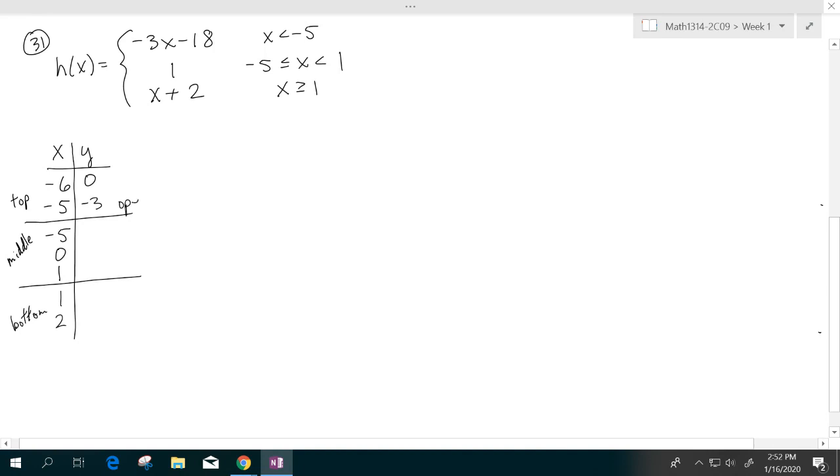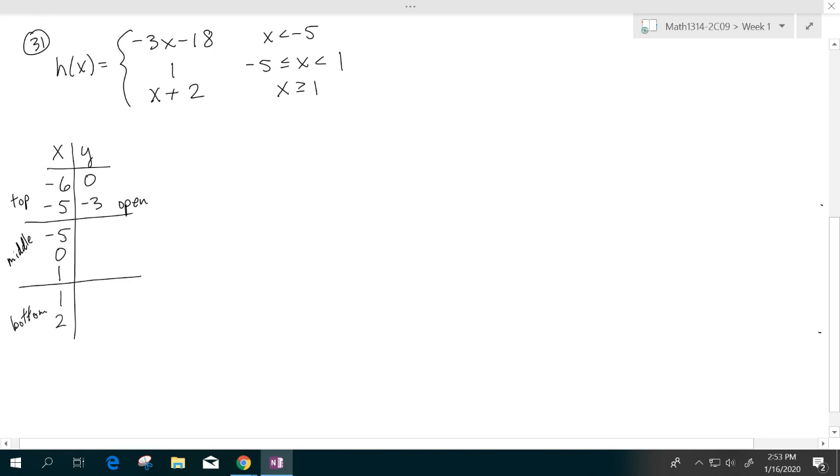And I'm going to label that open. Why would I label that open? Does -5 really belong here? Because -5 is not less than -5. This is not an actual point on the graph because it doesn't belong there. So it's going to be an open circle.